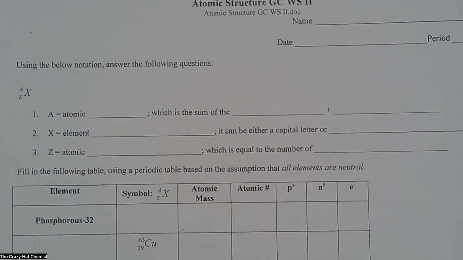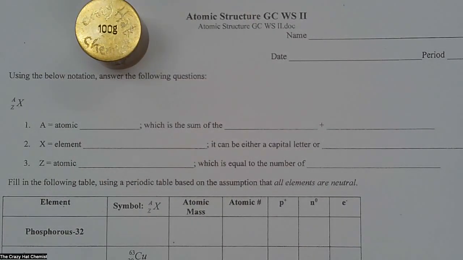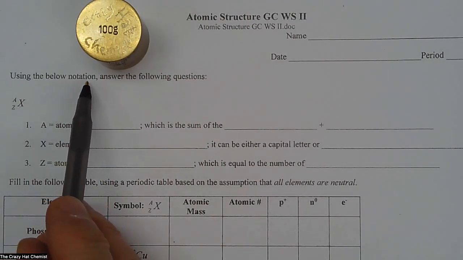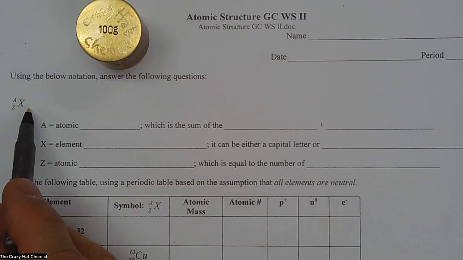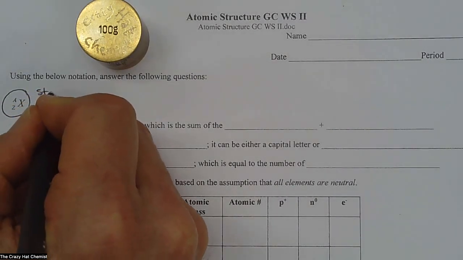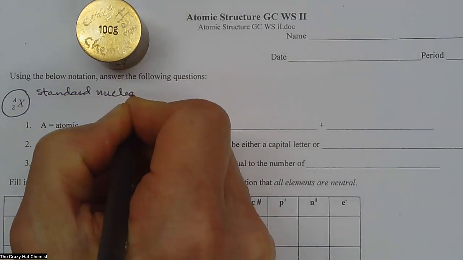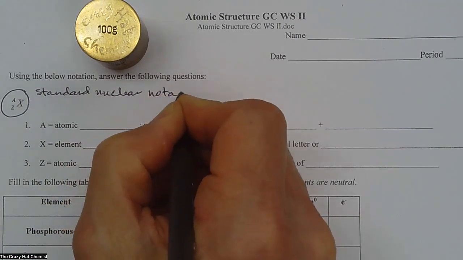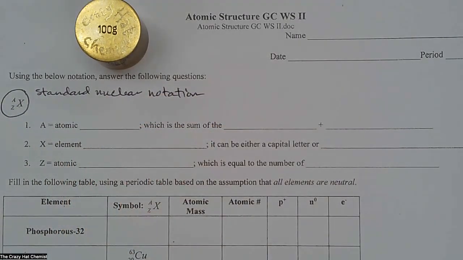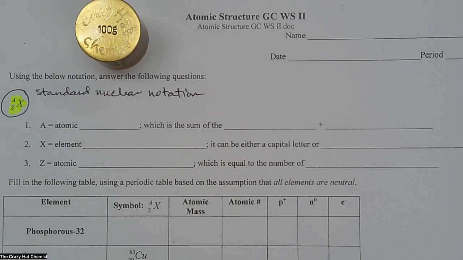Shouldn't be too bad. Okay, so what we got here is the following. We're going to use the below notation answering the following questions. This notation is called standard nuclear notation, and in standard nuclear notation, it is written in this following fashion: A, X, and Z. Each of these components has a special meaning.